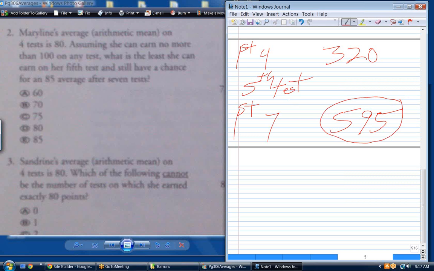Well, we know we can get 100 and 100 on the last two, so we can get at least 520 even if she got a 0 on the fifth test. But what if she gets a 75 on the fifth test? That would give her totals 1 through 5 tests of 395. And that would still allow her to get a total of 595 after 7 tests.